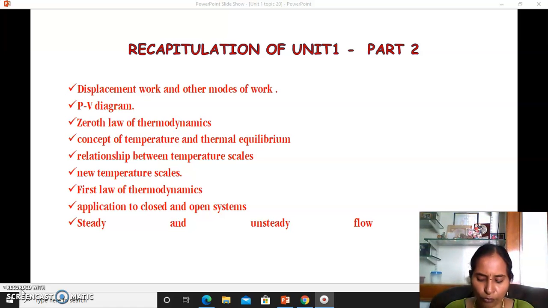Next, if we move to throttling, it is the expansion of fluid from higher pressure to lower pressure. It is also called an isenthalpic process. Isenthalpic means enthalpy remains constant in the throttling process, where we are not expecting any sort of work, and by keeping the enthalpy constant, the pressure is reduced.